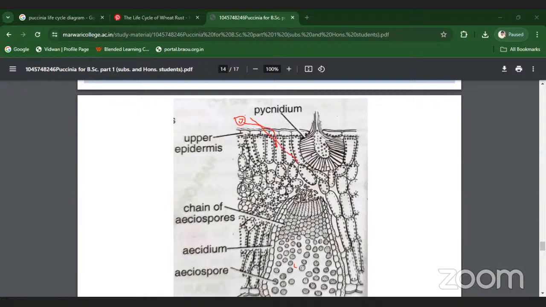This germ tube develops into mycelium inside the barberry. From the mycelium, pycnidia are formed. The pycnidium produces pycniospores. These round structures are called pycniospores. And it also has receptive sites. Through spermatization, the pycniospore is received by the receptive site.